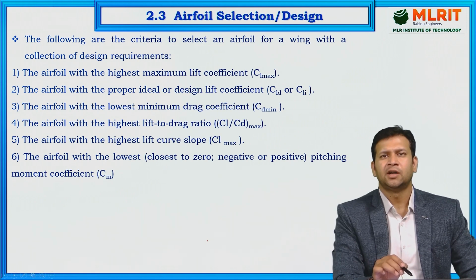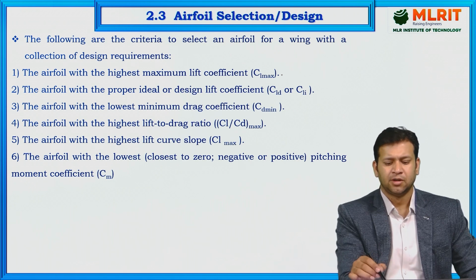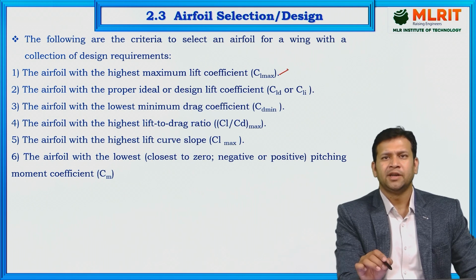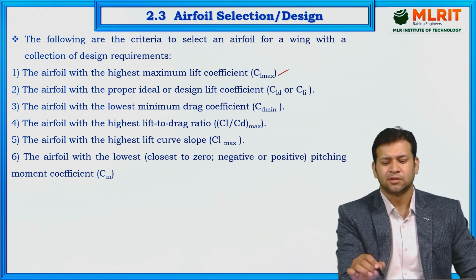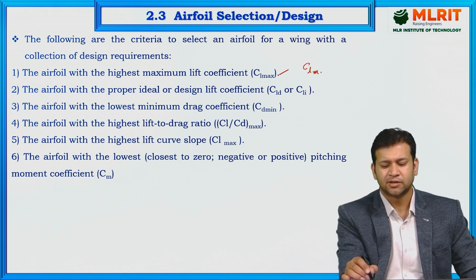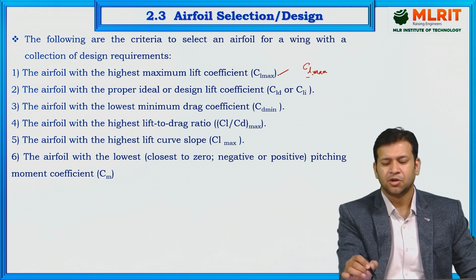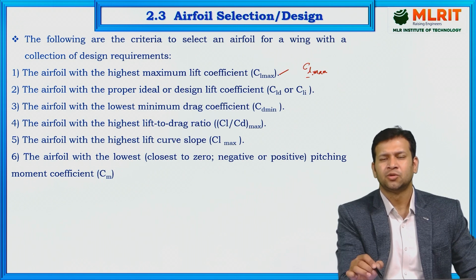The following are the criteria to select an airfoil for a wing with a collection of design requirements. The airfoil with the highest maximum lift coefficient, that is CL max, with subscript l max. Lowercase l represents 2D components like airfoil, and if we have capital letter, it will represent the wing.